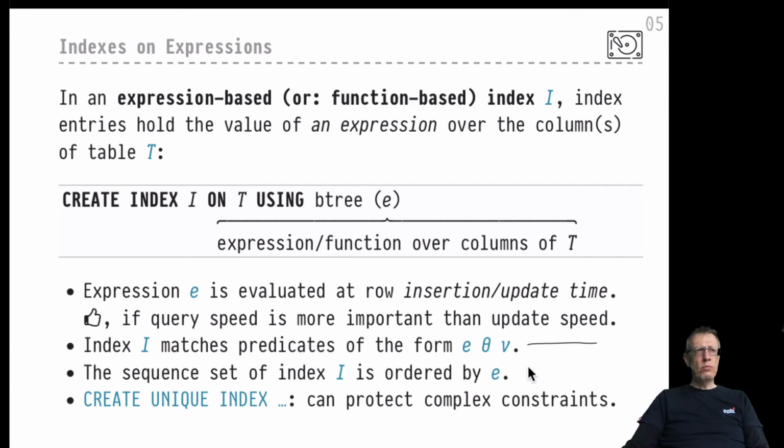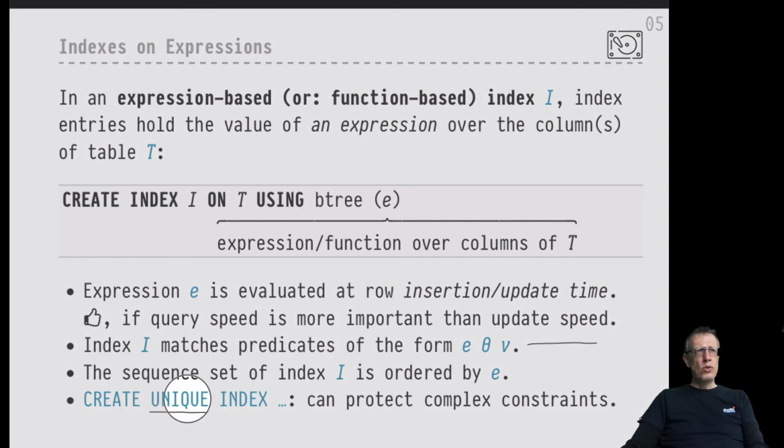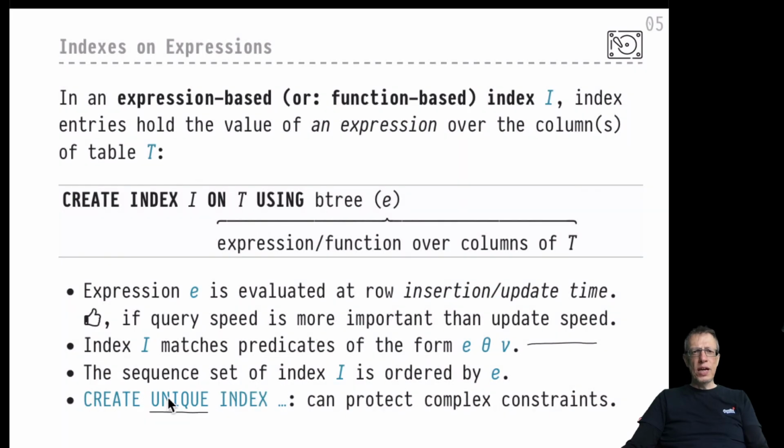There's a nice trick there that we can play because there is a keyword in the creation of index structures that we have not used so far, and that's the create unique index keyword. This restriction on indexes says that no two rows may be inserted whose value on the indexing criterion is equal.